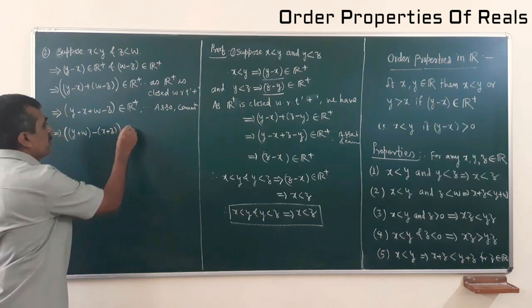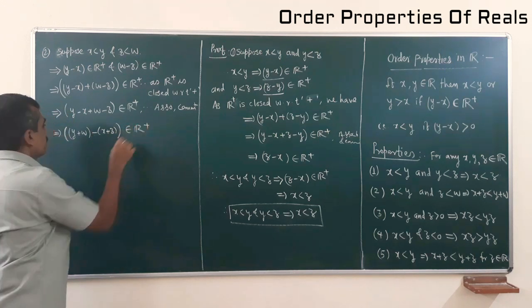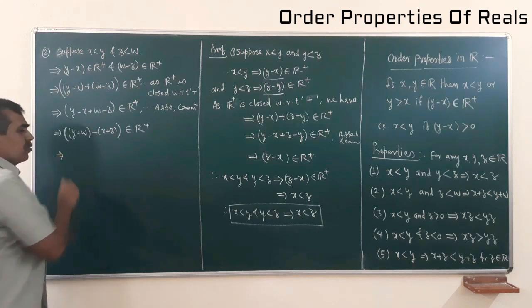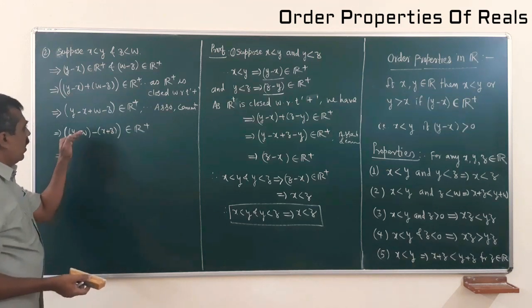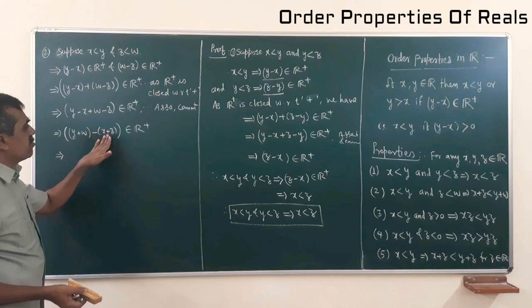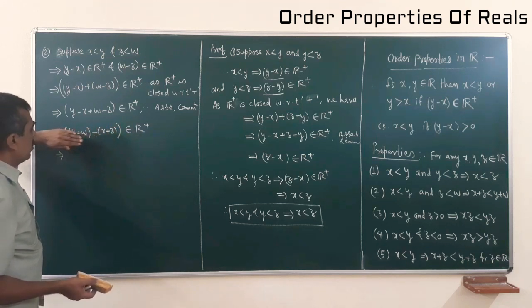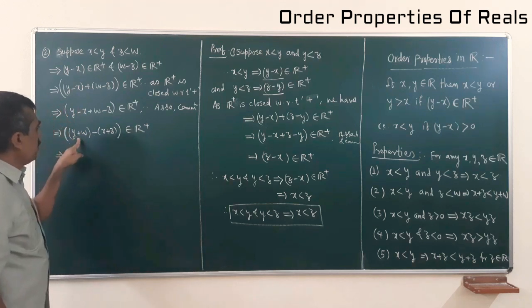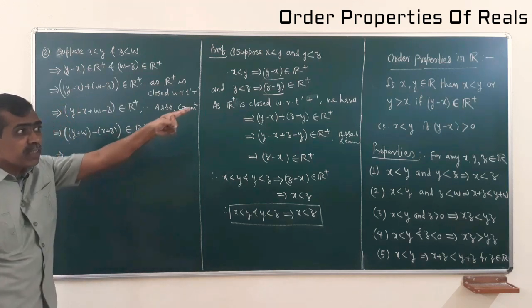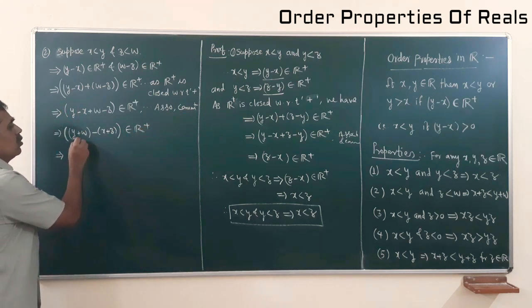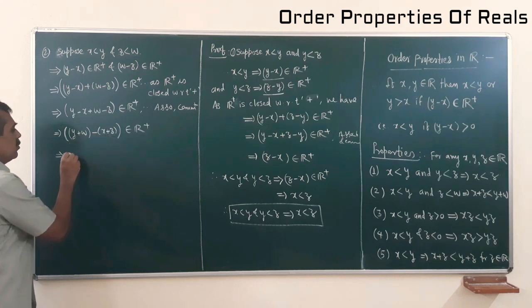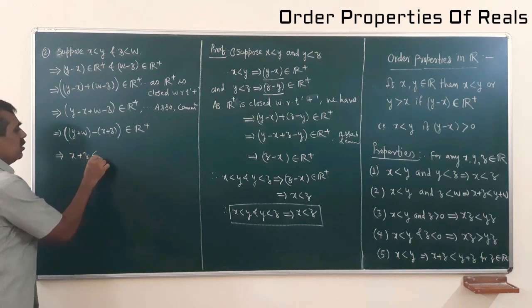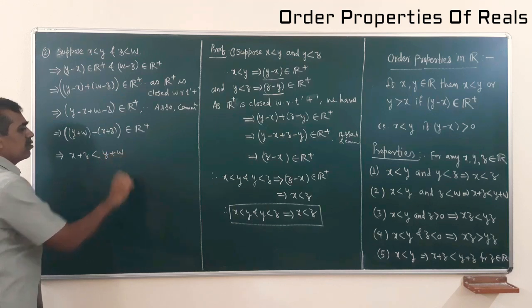So arranged properly. This implies, now just observe, B minus A belongs to R plus. The sum of any two real numbers is again a real number. So B minus A belongs to R plus. By definition, A must be less than B. This implies x plus z less than y plus w.